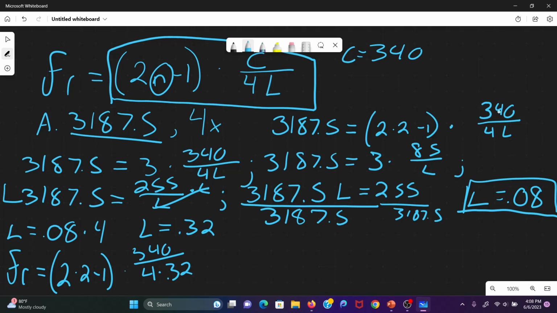We're going to reduce this to 3 times 340. 4 times 0.32 is 1.28. And 340 divided by 1.28 is 266.